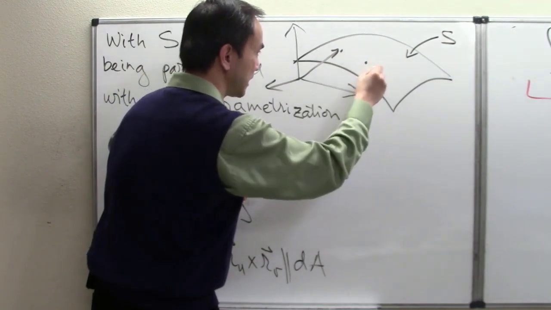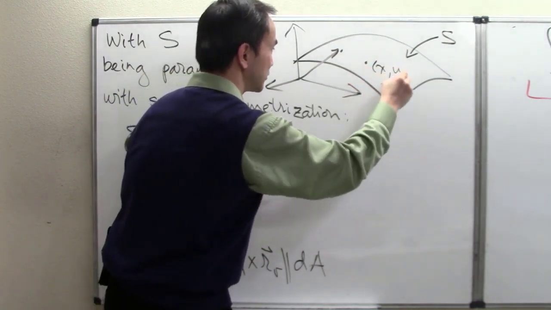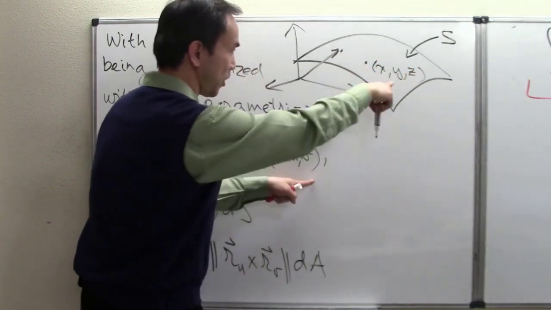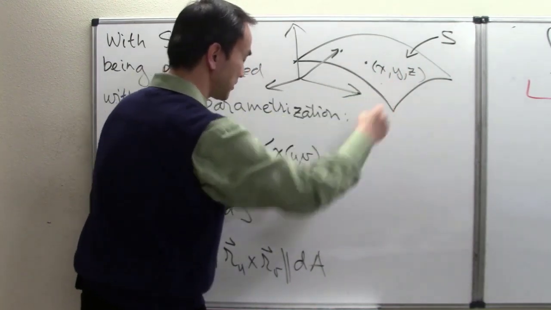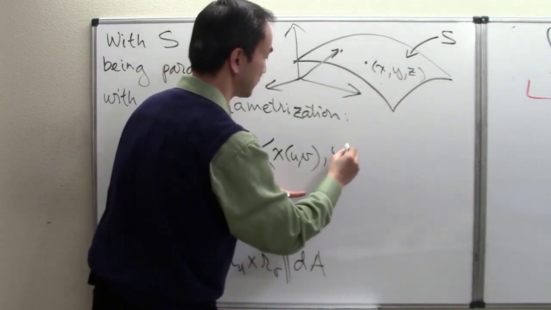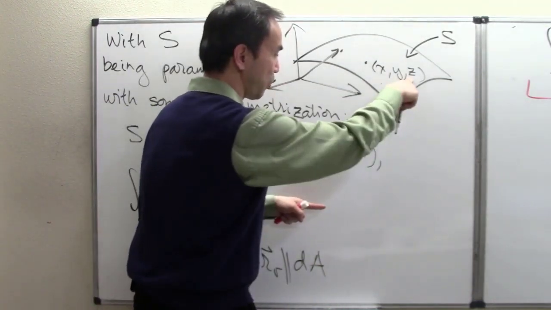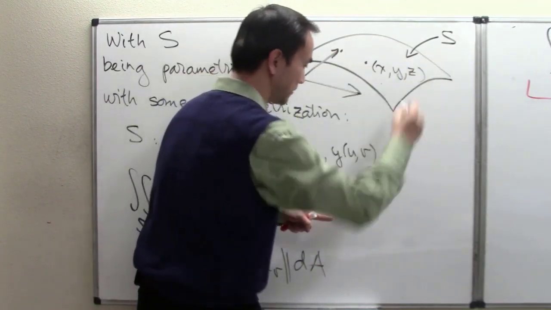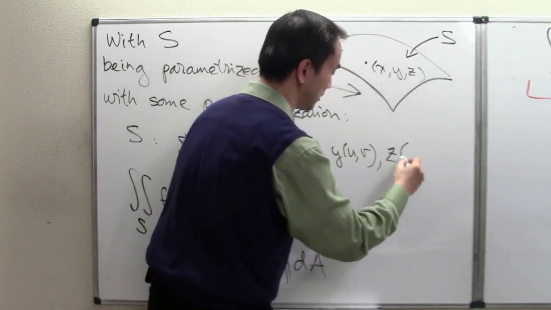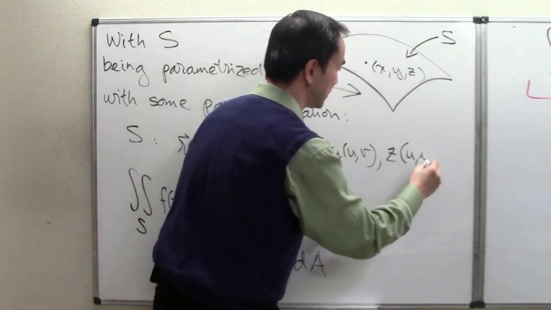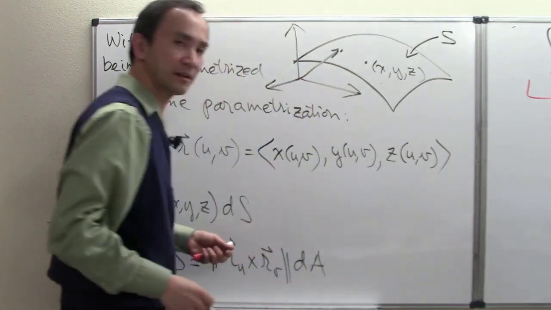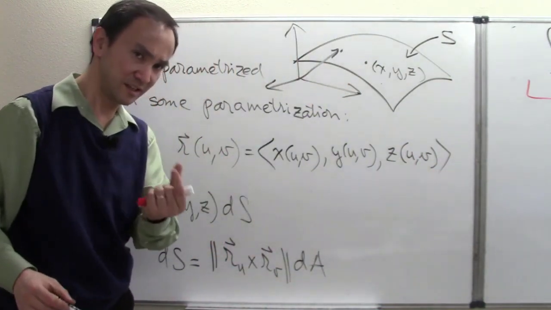Any point x, y, z. The y component of any point on that space surface can be expressed as a function of u and v. And the z coordinate of any point on that space surface can also be expressed as a function of two variables u and v. That's formally how it's understood.